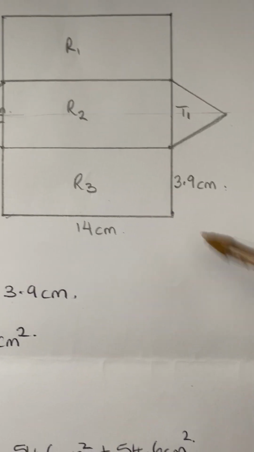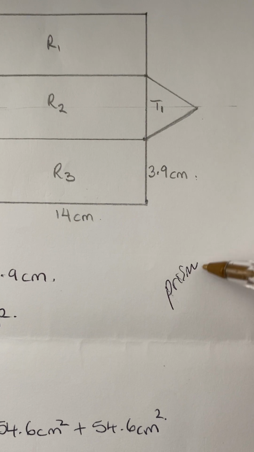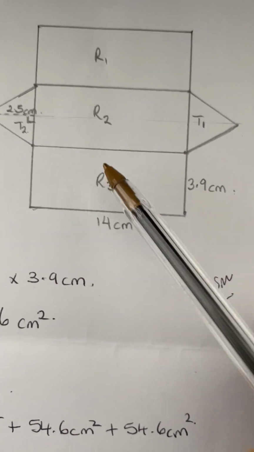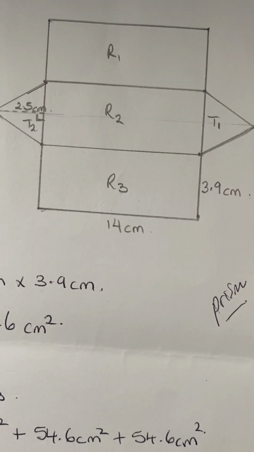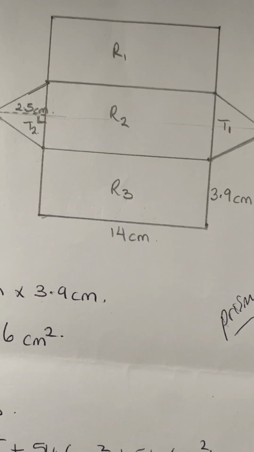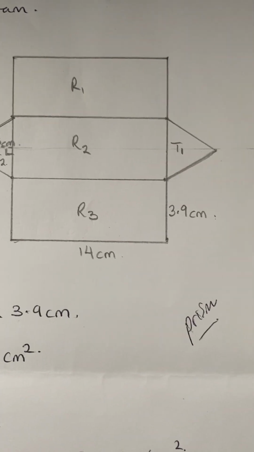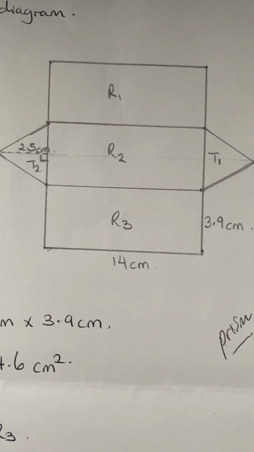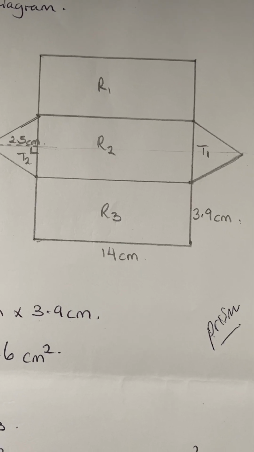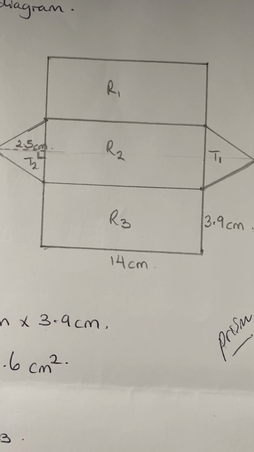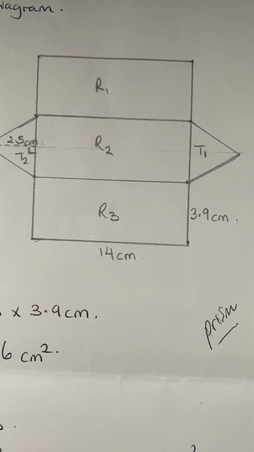I'm talking about this word, prism. Okay, can help you break it down to solve it, even though you might not know the formula. Okay, so tomorrow I'll bring you some standard formulas that can help you, and we'll look at some more challenging questions to see how we get on.